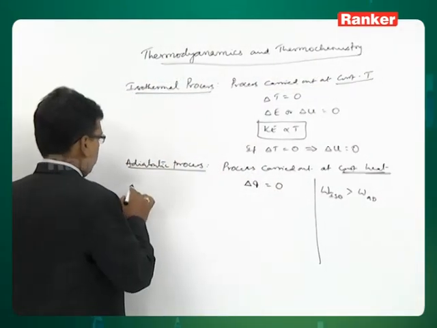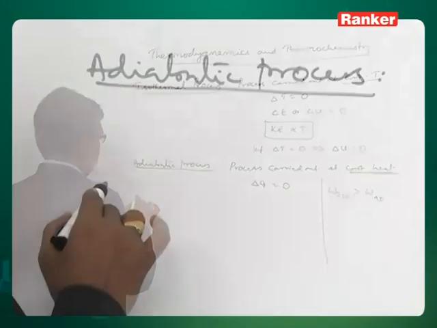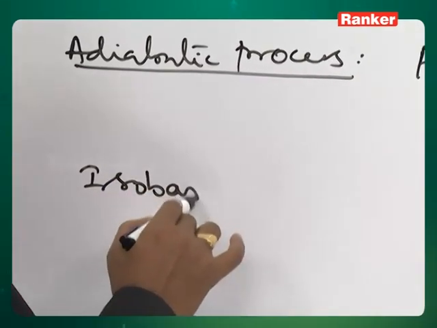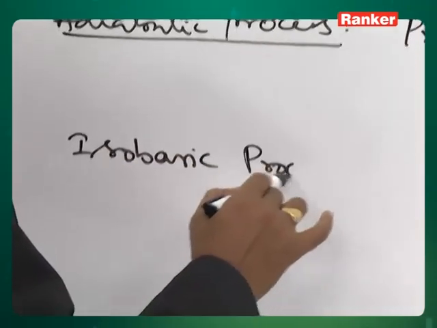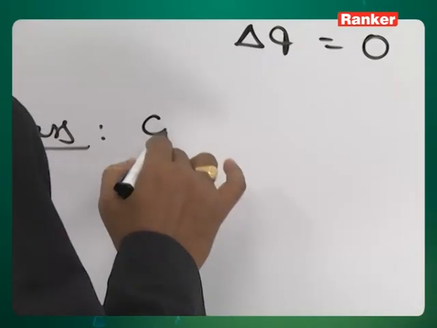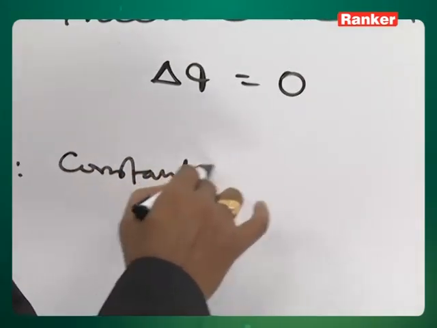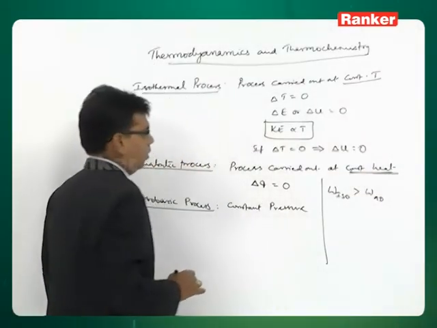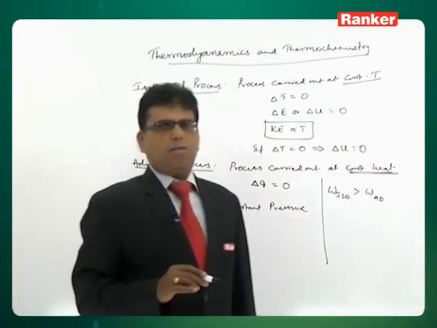Then the next process is the isobaric process. Isobaric process is the one carried out at constant pressure.